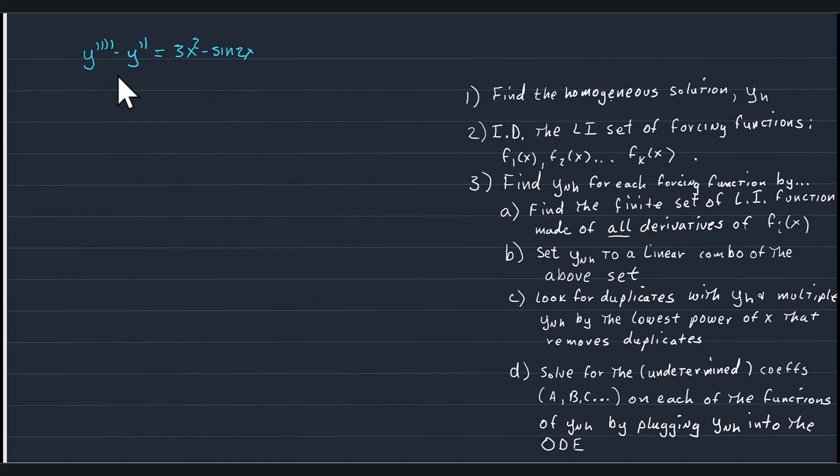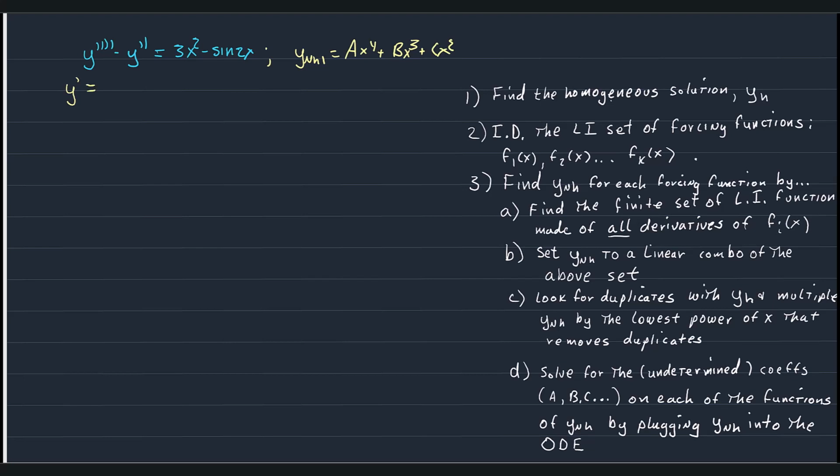So here is our original equation, and our solution was ax to the fourth plus bx cubed plus cx squared.